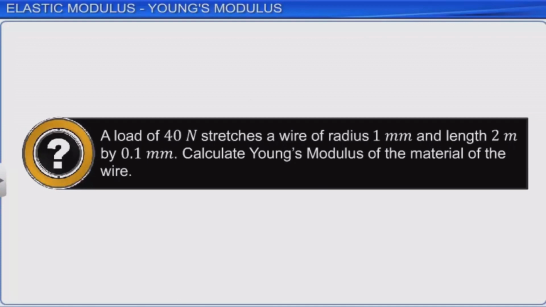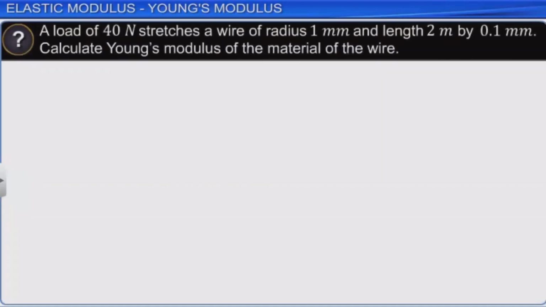A load of 40 newtons stretches a wire of radius 1 millimeter and length 2 meters by 0.1 millimeter. Calculate Young's modulus of the material that the wire is made of. The values given in the problem are force F, length L, extension delta L, and the radius R of the wire.